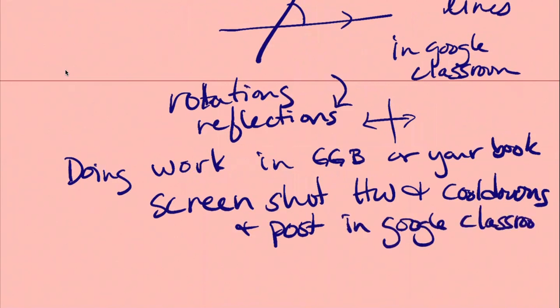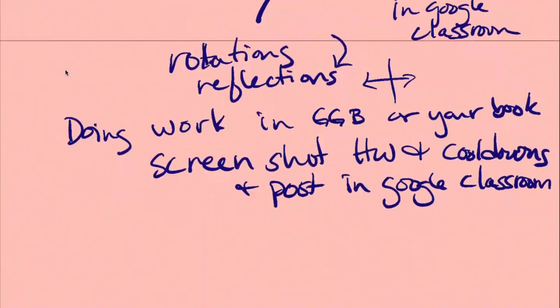Because I can't just see your GeoGebra, and for the moment, I can't see what you're doing in the book. I should be able to once we get apps pushed out and we can get the app going on your iPad. Then I should be able to see things. Things should work smoother, but for the moment, anything that you're doing, screenshot it and post in Google Classroom.